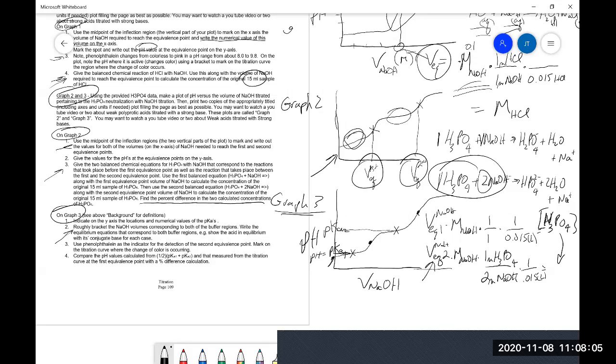If you look in the lab again, they talk about the buffer regions. The buffer regions are usually taken to be plus and minus 1 pH unit around that half titration point, because that's where you've got a weak acid in the presence of its conjugate base. So that's buffer region 1, and buffer region 2 is going to be somewhere up here.